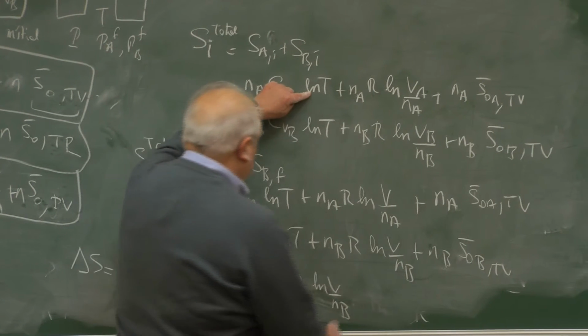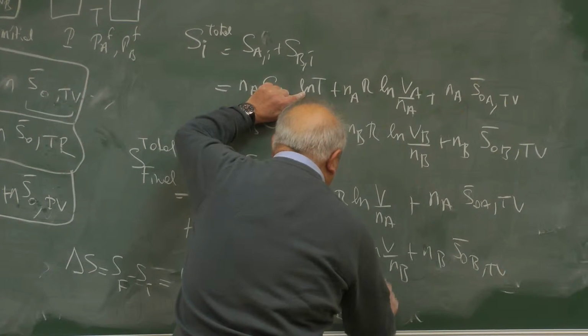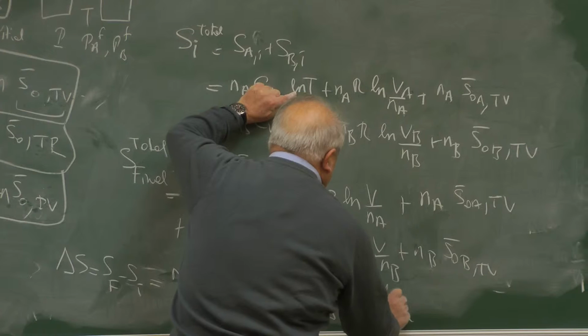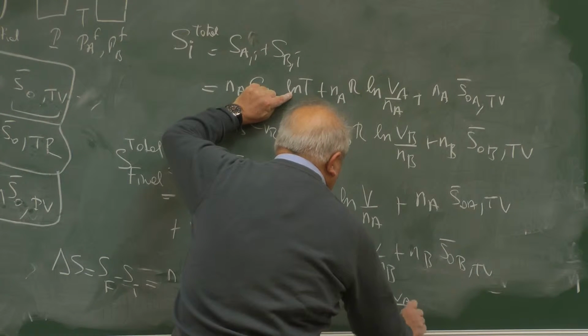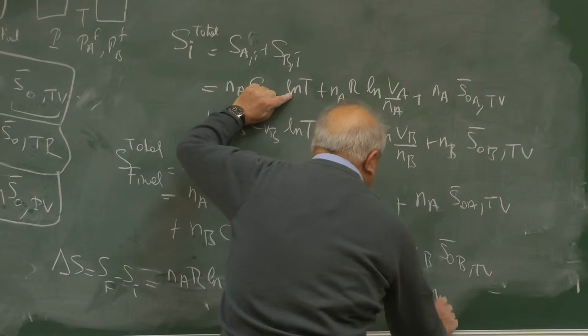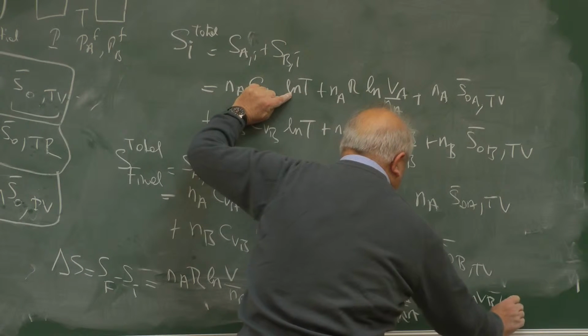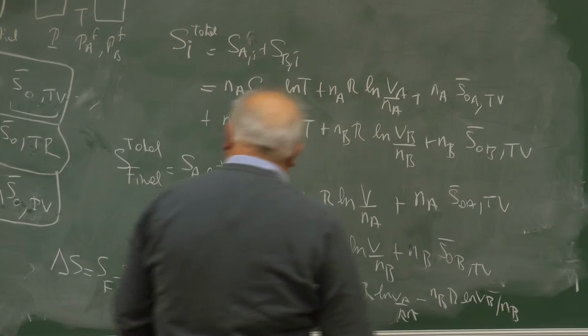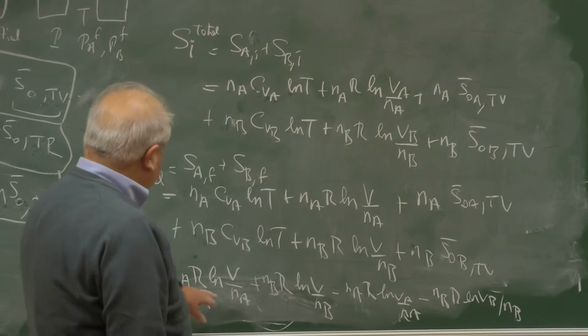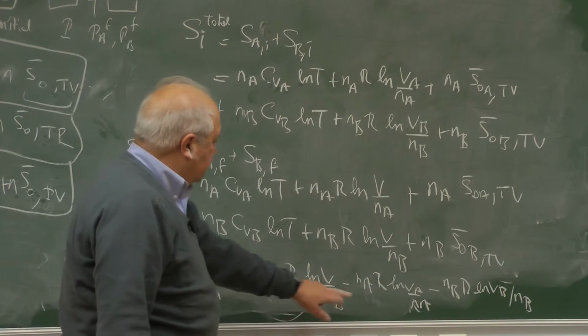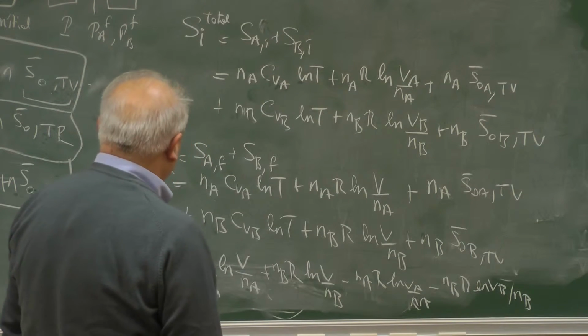minus NA R log VA over NA minus NB R log VB over NB. So these NA terms, NB terms will also cancel.